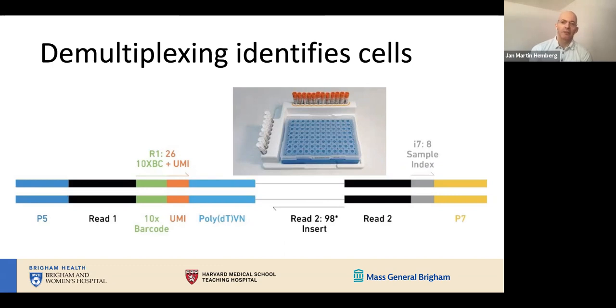For the droplet-based methods, this can be more complicated, so you might have to do a little more work for the demultiplexing. If there had been no errors, this would of course be straightforward in principle. But we also have to take into consideration that we can have sequencing errors on these barcodes, so we need to account for those when we do the demultiplexing.